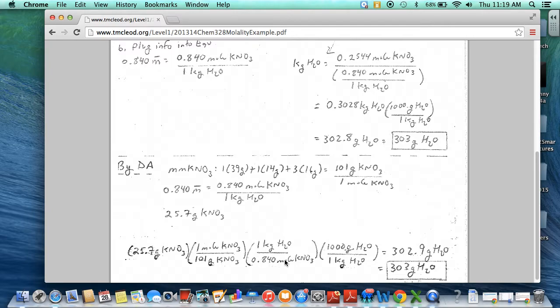So you put the moles on the bottom so they cancel. Now you have kilograms of water, but you want grams of water because somebody asks you for the grams of water. So you change kilograms of water into grams of water, and you end up with this number, which is exactly the same number. So that's how you do it by dimensional analysis.